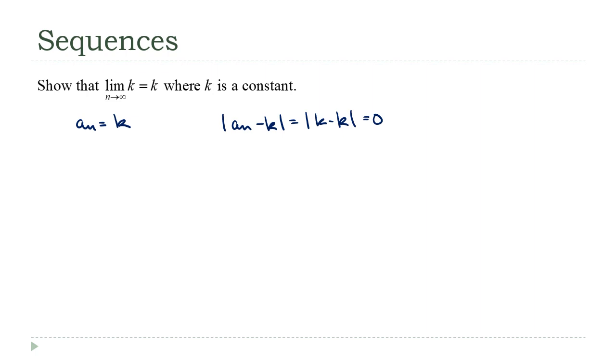And remember, since epsilon has to be strictly greater than 0, this is going to be less than epsilon for every n. And that's what we needed, right? For every epsilon greater than 0, the absolute value of a sub n minus k is less than epsilon for every n. Good. That's what we needed to show that this is the limit here.